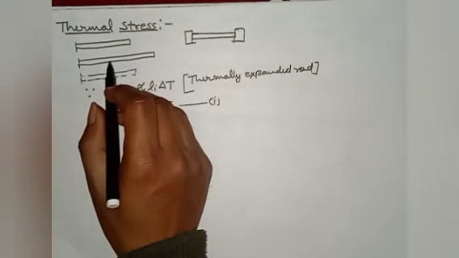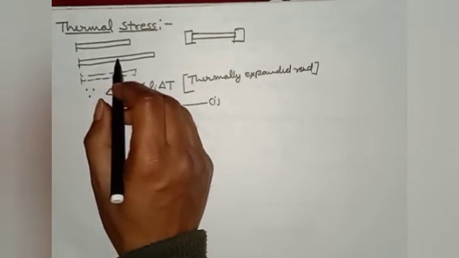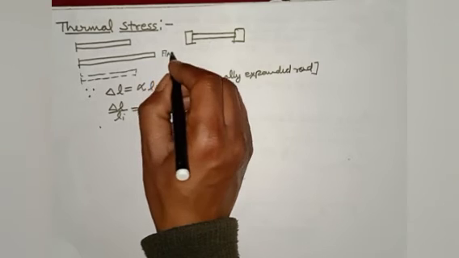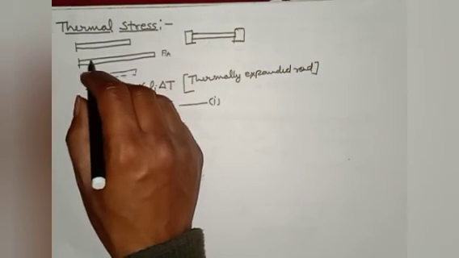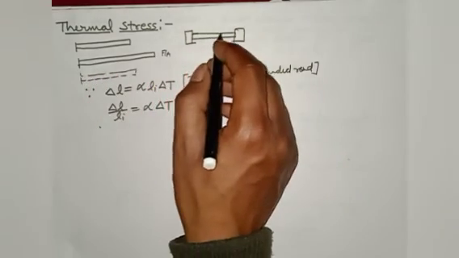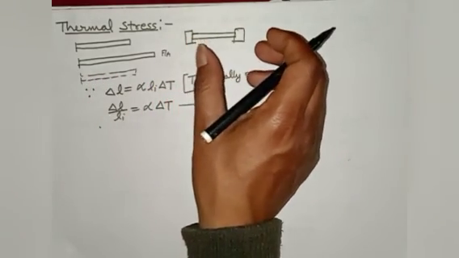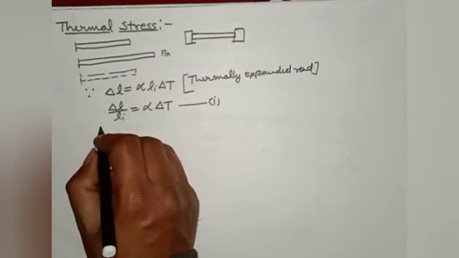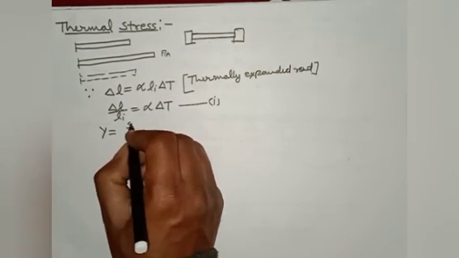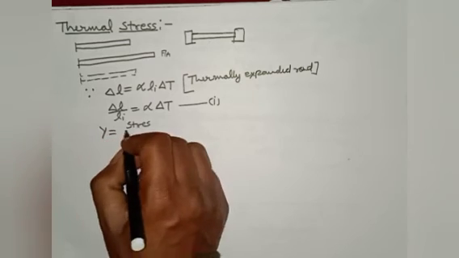Now, if here a stress F upon A was coming into influence, or if we are applying some additional force and that is producing this kind of stress, then we know that Y equals stress upon strain, where Y is Young modulus.